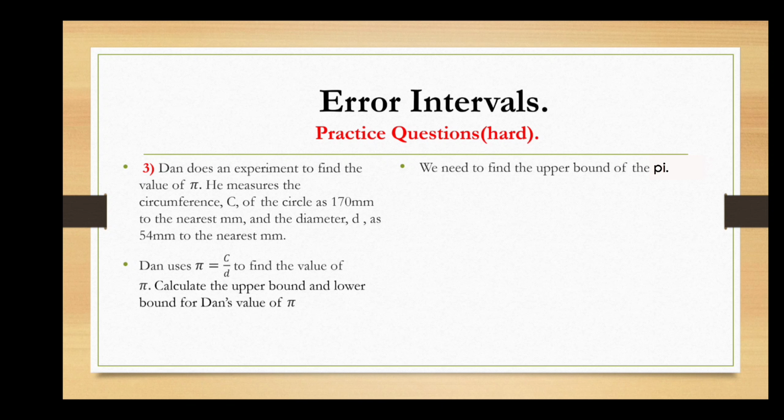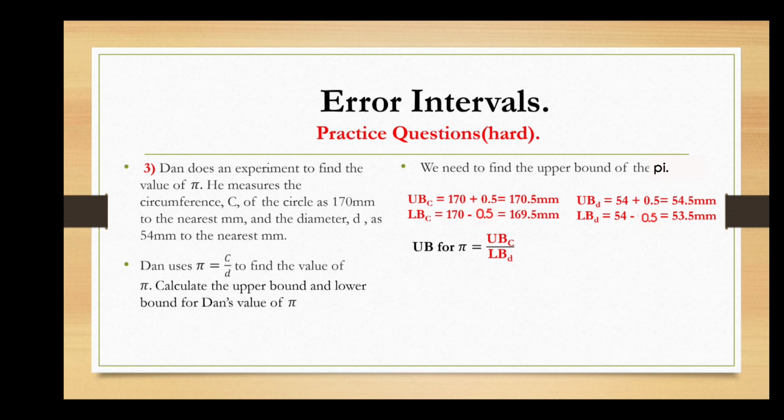So we need to do plus or minus 0.5 for both of these values. Okay, so the upper bound and the lower bound for C would be 170.5 and 169.5 respectively. And then the upper bound and the lower bound for D would be 54.5 and 53.5 respectively.